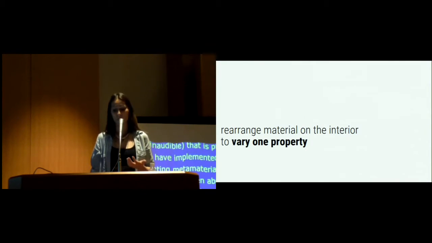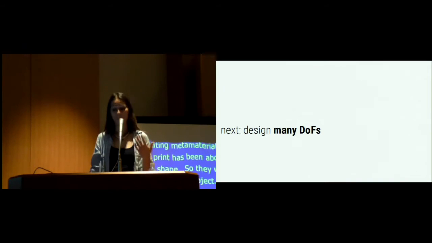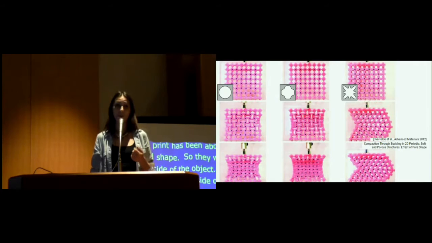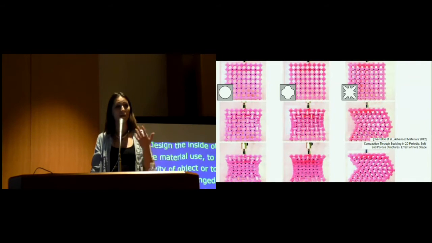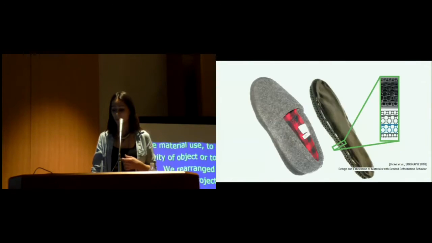So what these researchers did was to rearrange material on the interior of the object, but to vary one property. So the next step was then to design many degrees of freedom. In mechanical engineering, researchers divided materials into many, many cells to design the deformation of the whole material.